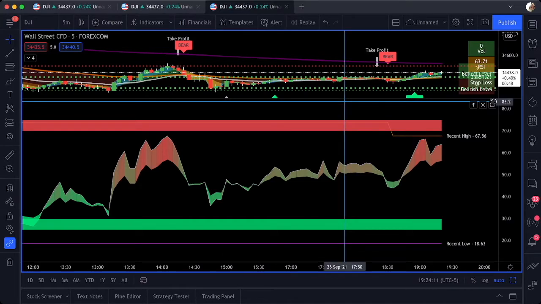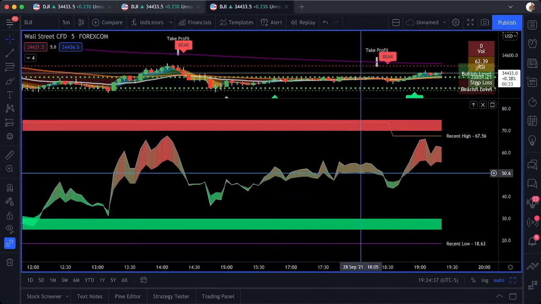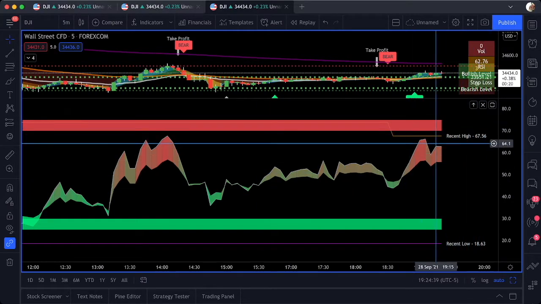We utilize custom inputs to allow users to select Heikin-Ashi based open, high, low, and close, as well as the usual open, high, low, and close, HL2, HLC3, and the OHLC4 inputs. More coming soon. The indicator will track the values of the recent high and low points. That's over here. High, low.